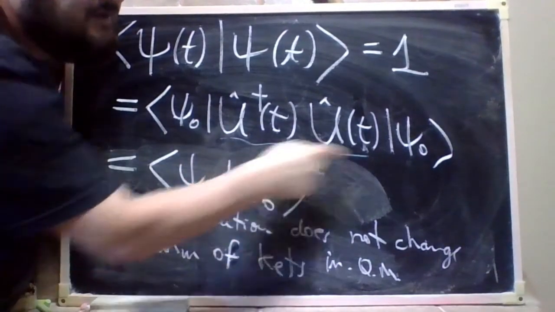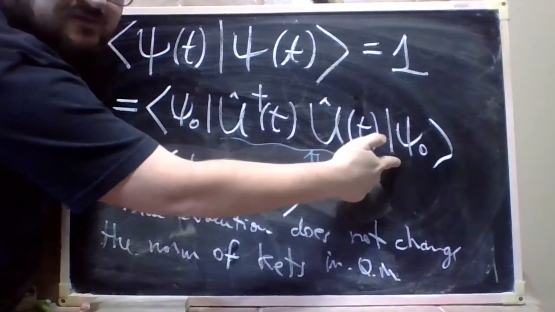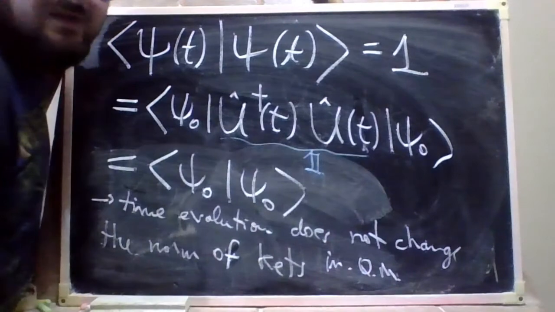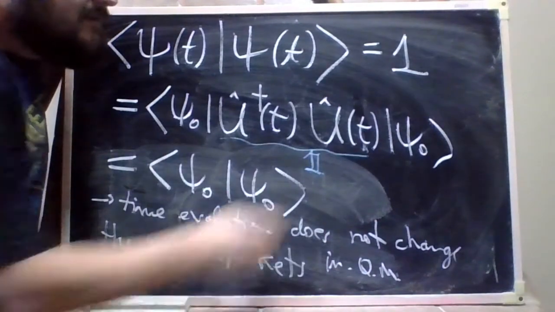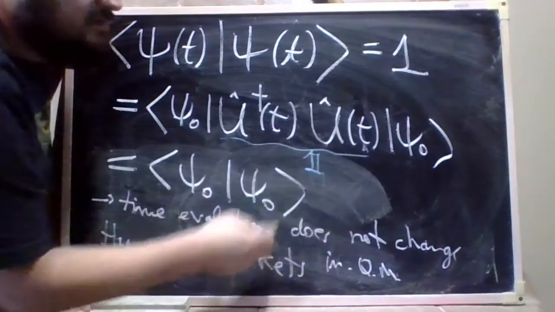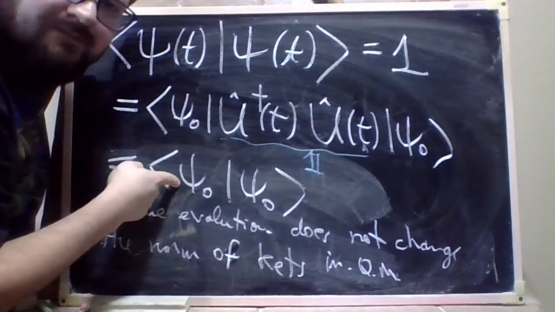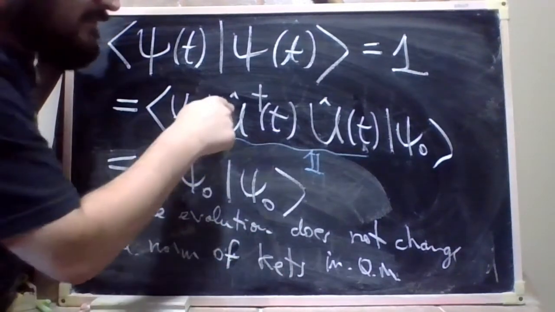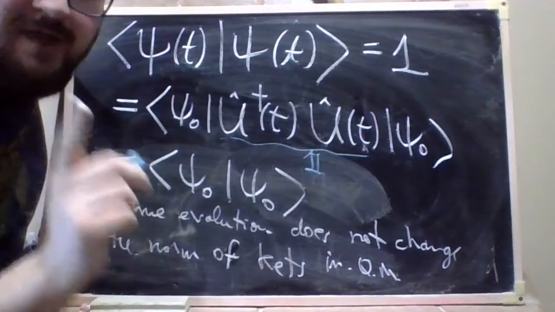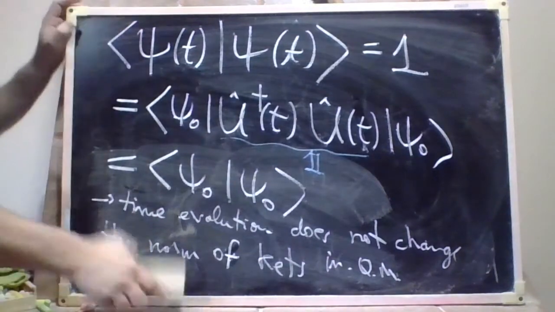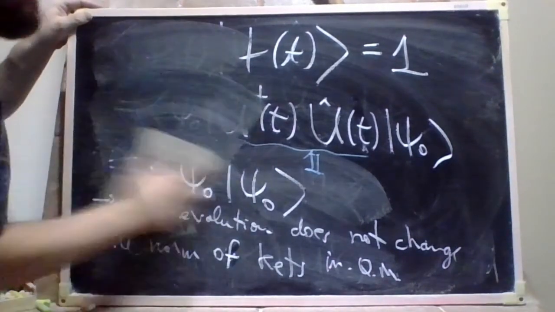The identity multiplying the initial vector is equal to the initial vector. Identity just produces the same thing when applied, and the equality holds. All right? So this evolution operator in quantum mechanics must be equal to unity. That's a very important fact.